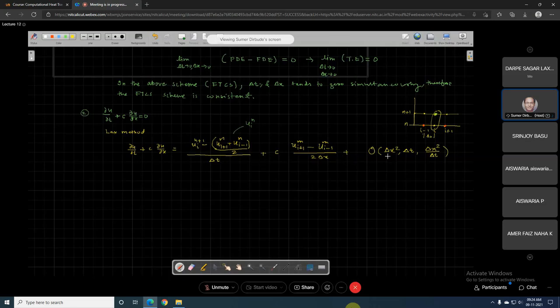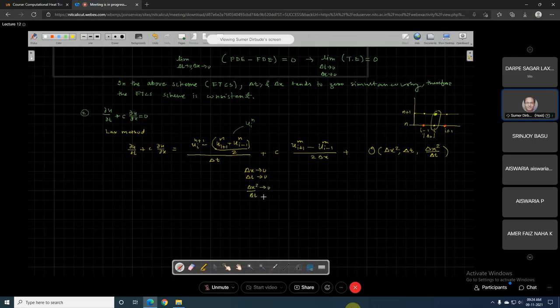If you make this delta x tend to 0, this delta x square you can make 0. Delta t you can make 0. Now, this is a problem. This delta x square by delta t term will be there. These are nothing but leading error terms.